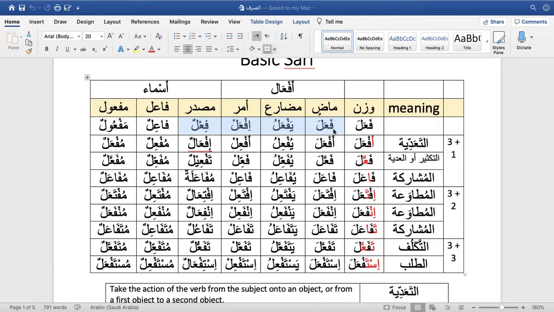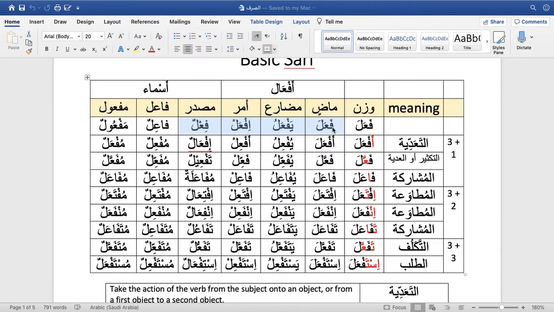We can have, for example, daraba, so we have a fatha on the ayn in the madi, but in the mudari it will be yadribu, and the masdar will not be dirbun but darbun, it will have a fatha. Hasuna yahsunu, so he will have a dhamma in the madi and the mudari, and the masdar will be husnun.